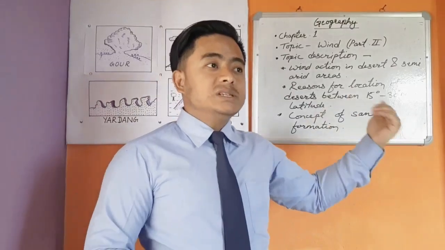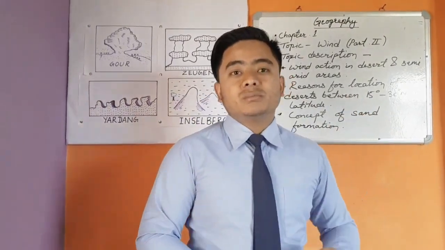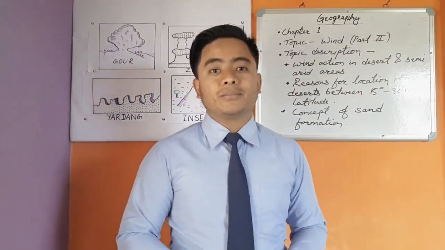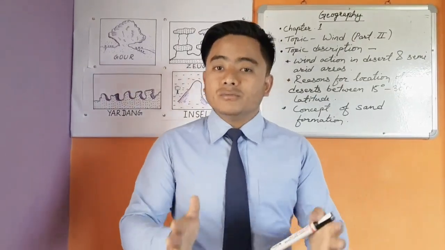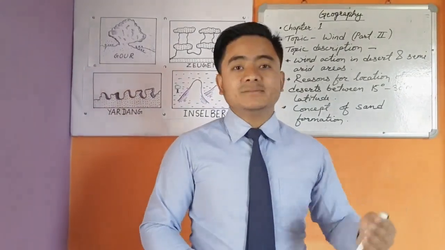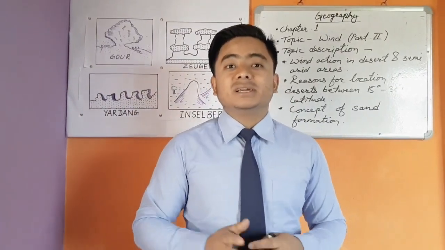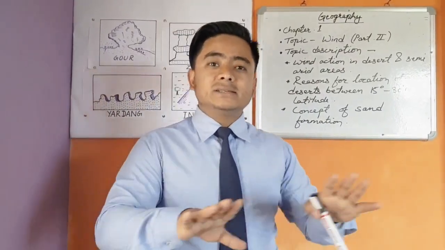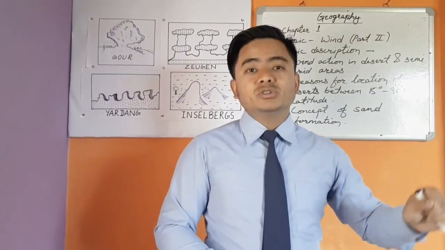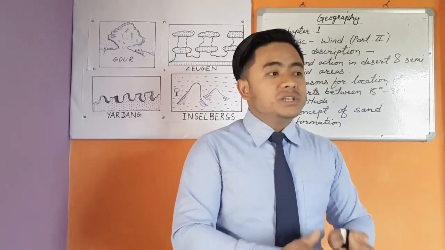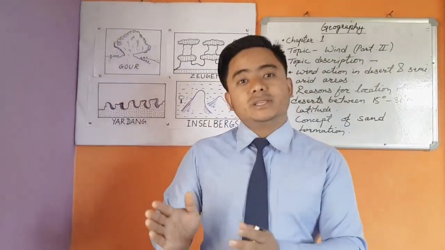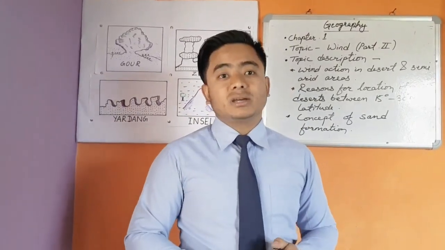Like in the previous lesson, we have studied the work of wind. And the work of wind is mostly active and predominant in the deserts and semi-desert areas. There are several causes that are responsible for the predominance of wind action in these areas.